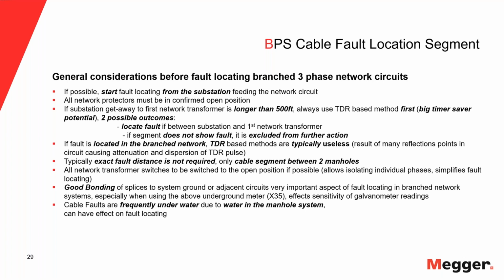Because the method we will use looks for basically a current signal, an electromagnetic signal, and if we don't have good bonding, what could happen theoretically, just to make the point, is you send a pulse out, it flashes over, and that same pulse comes back on the very same cable.